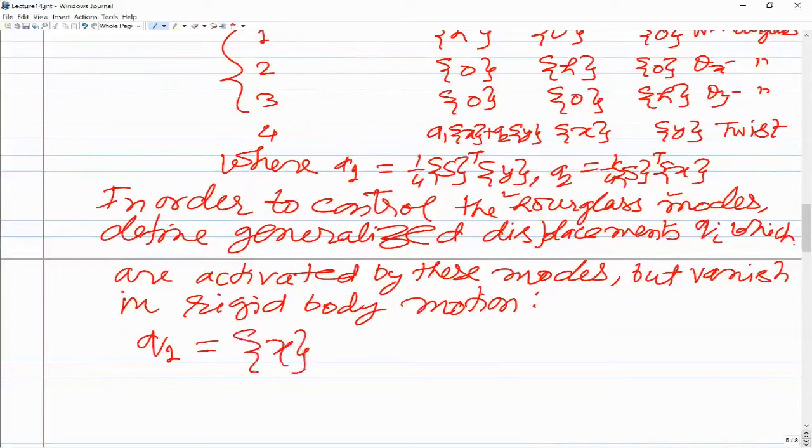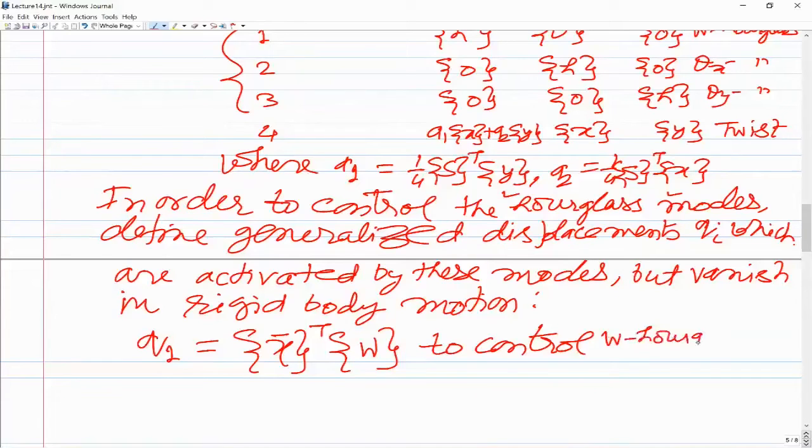So let me call it gamma bar, which is a different quantity, times w, and this would correspond to the w hourglass mode, to control the w hourglass mode, where the vector w is equal to h.